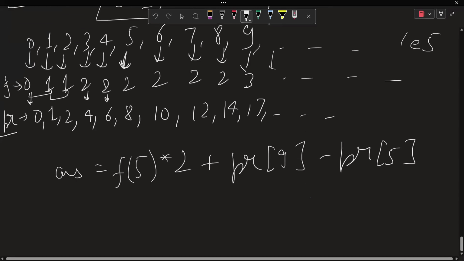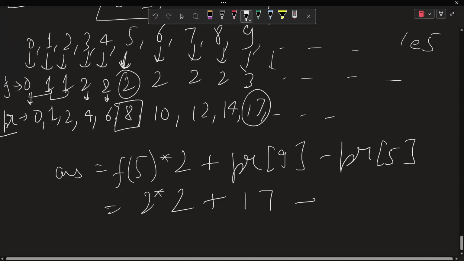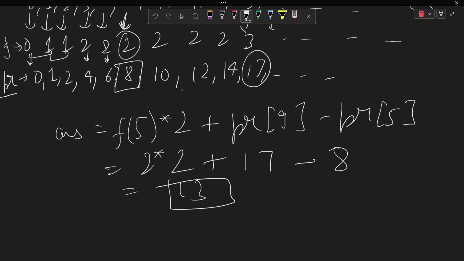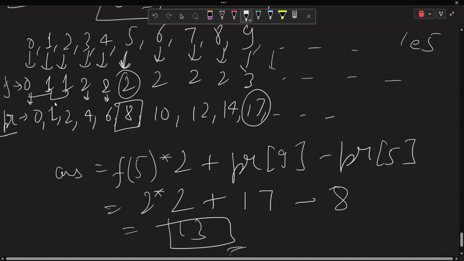So f of 5 was 2, 2 into 2, plus prefix of 9 was 17, and minus prefix of 5 was 8, minus 8. So you would get 4 plus 17, 21, minus 8, 13. So you were getting 13 here. Again, you have got 13. I hope it is clear how we are doing it.